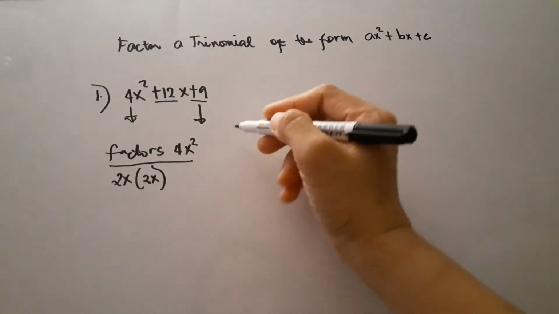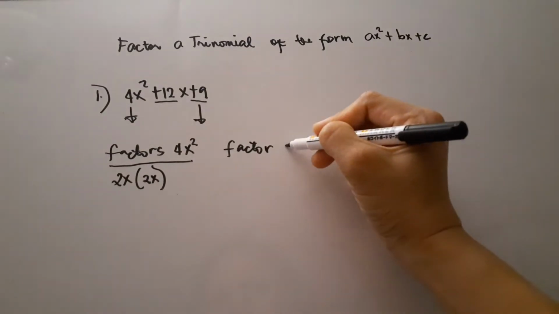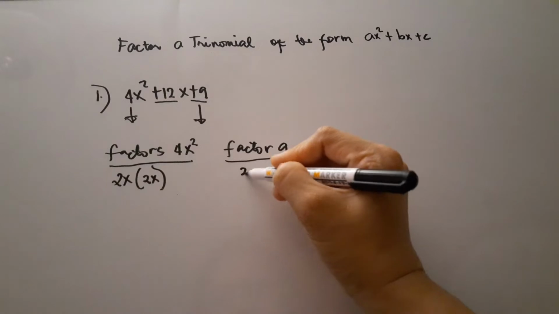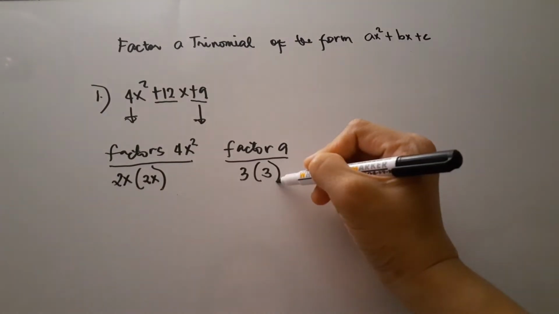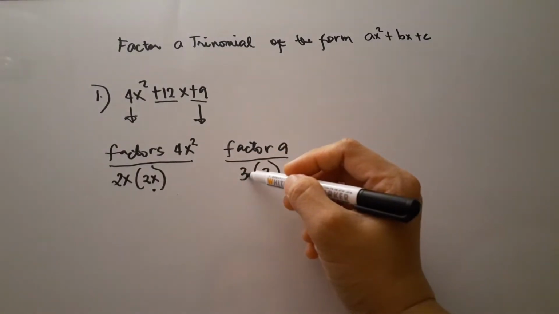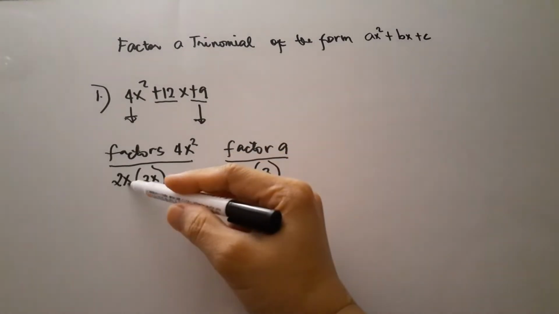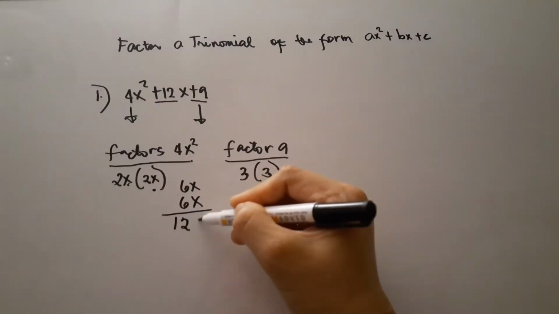Then the factors of 9, which is 3 times 3. Remember that both are positive, so if we combine together these factors of 4x squared and the factors of 9, we can get the middle term, which is 12x.